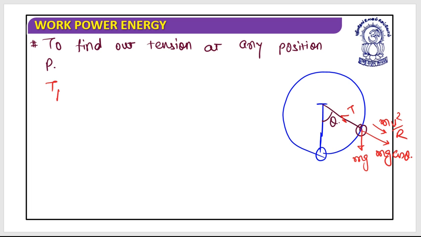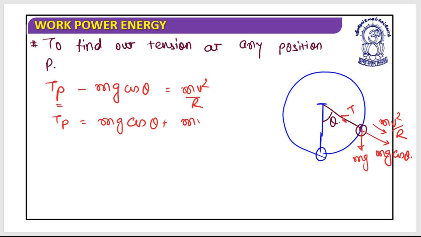So T minus mg cos theta should be equal to mv square by r. That should be T at P equals mg cos theta plus mv square by r. Now this is the velocity at point P.